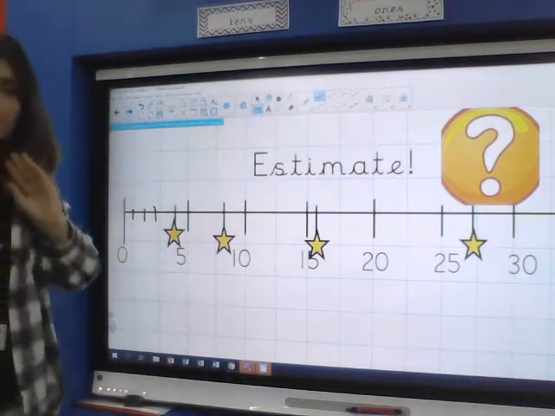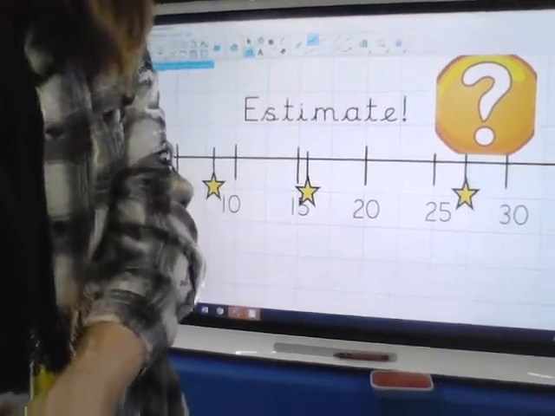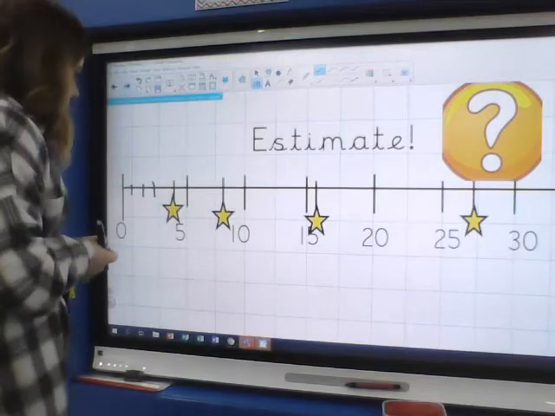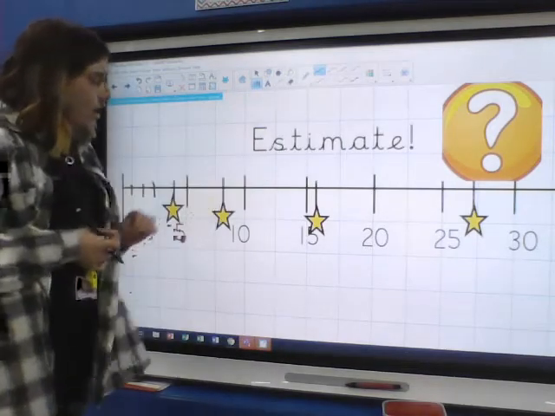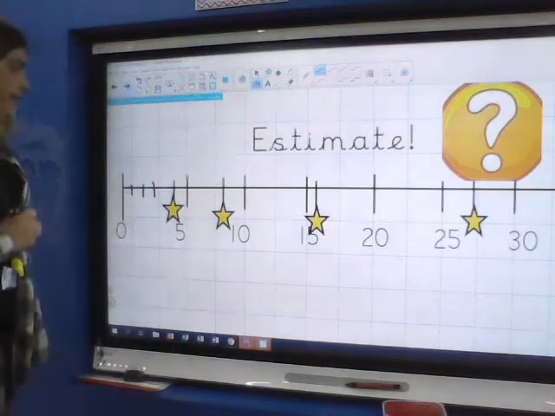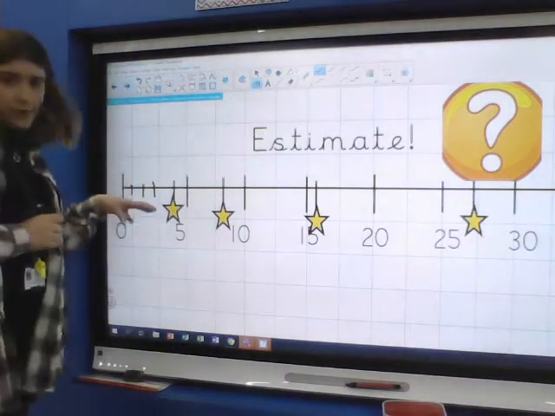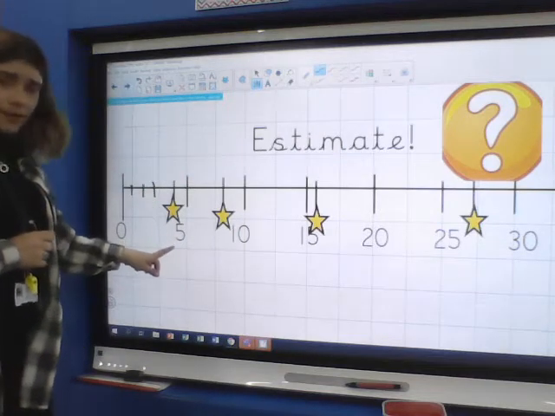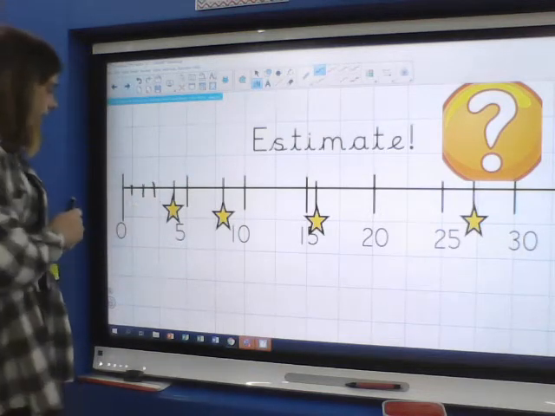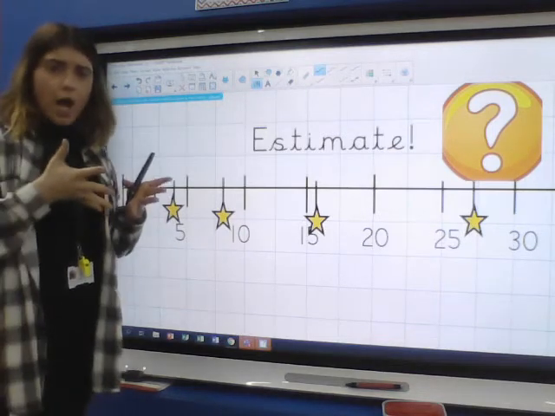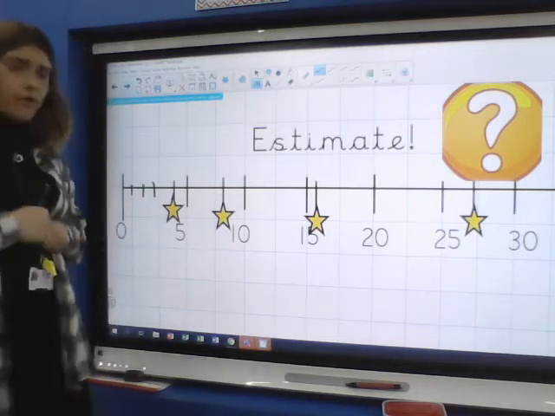So what I'd like you to do now is pause the board and estimate and work out what numbers you think should be where the stars are. So you need to think about what number is on the number line. So look at what you already know. For the first one, the star line is just before the 5. So what number do you know that comes just before 5?